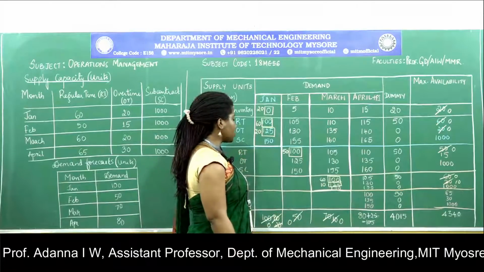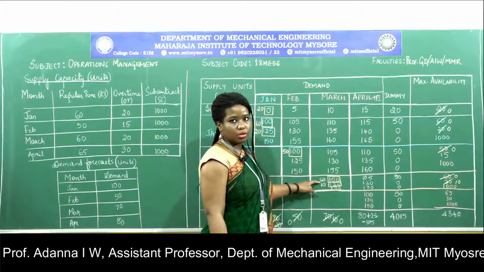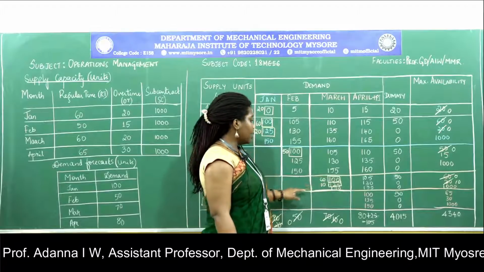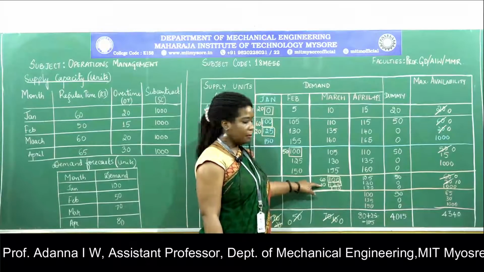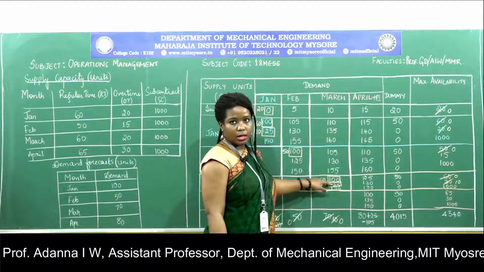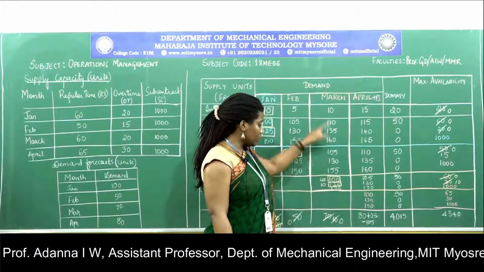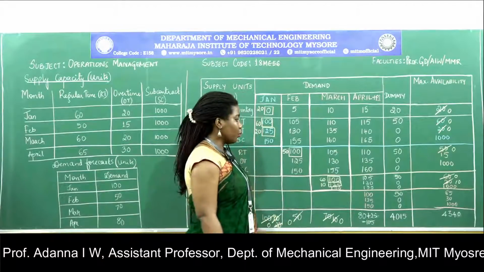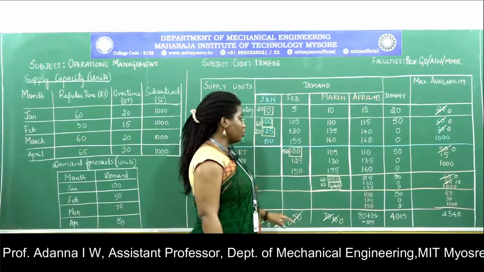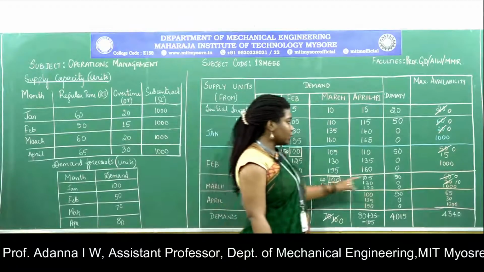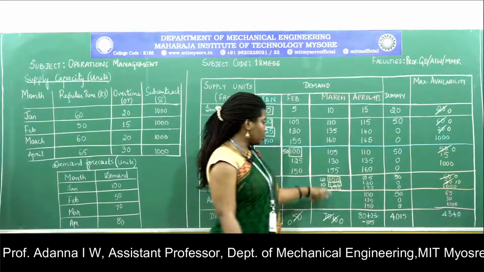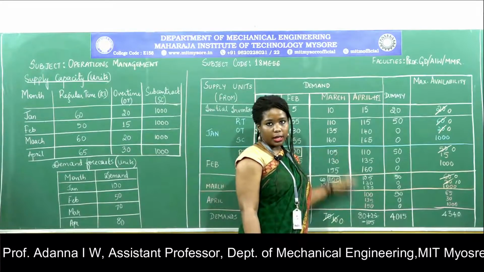So for the month of March, we are going to use 60 units of our regular time at 100 rupees per unit, 10 units of our overtime at 125 rupees per unit to fulfill the demand of 70 that is in the month of March. This is what we're going to do. One more thing that you need to notice here is that in the month of March, 10 units of overtime will remain because we have not used the whole thing in the time period.